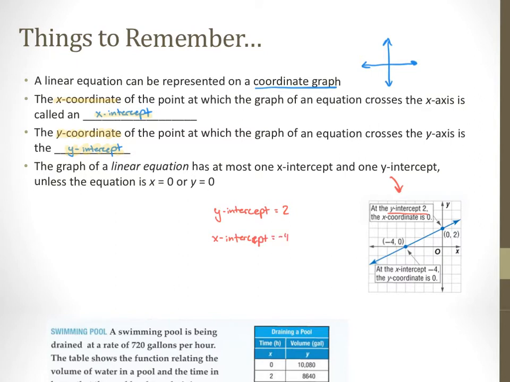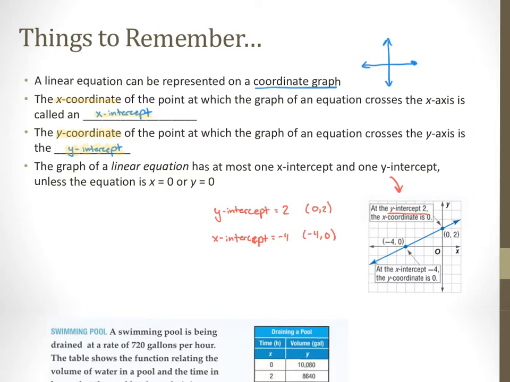Now my y-intercept is located at the point (0, 2), and my x-intercept is located at the point (-4, 0). But the intercept itself is just that coordinate.